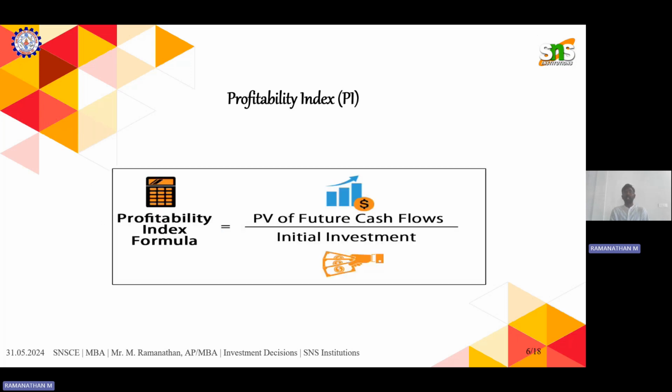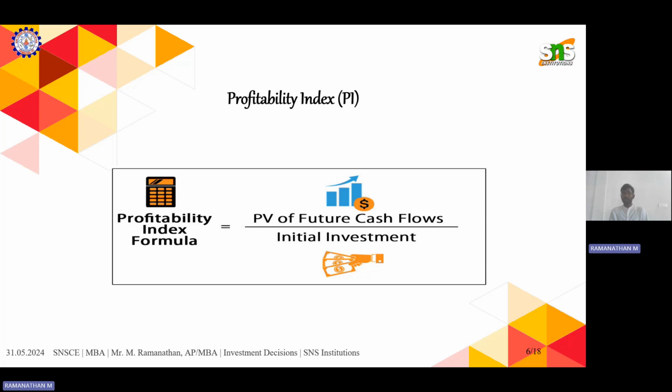The profitability index formula is cash inflow divided by cash outflow. That is why they mentioned initial investment: it is the cash outflow. Cash inflow is the present value of future cash flow.